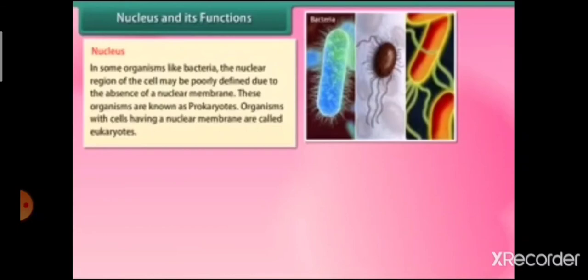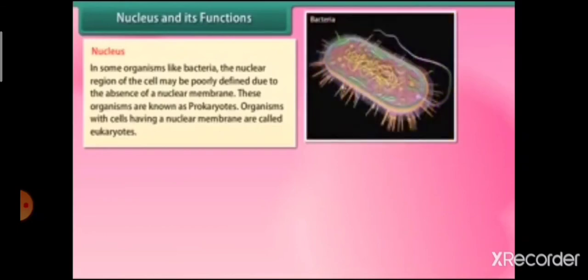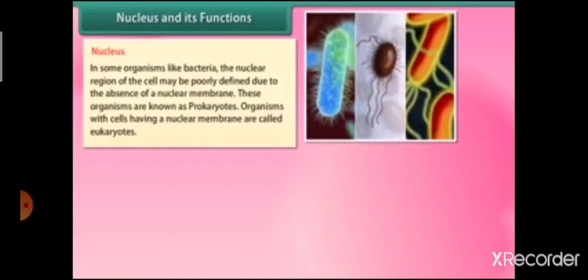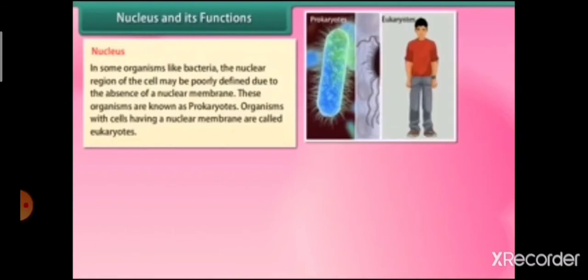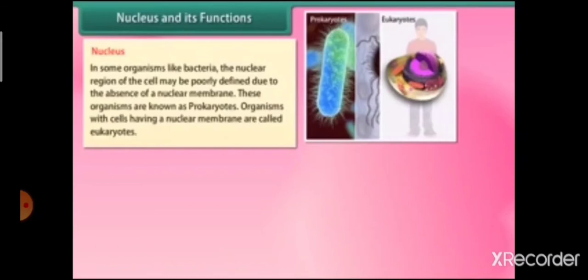These organisms are known as prokaryotes. Organisms with a cell having a nuclear membrane are called eukaryotes. So, those having a proper nuclear membrane are known as eukaryotes, and those in which the nuclear membrane is poorly developed are known as prokaryotes.